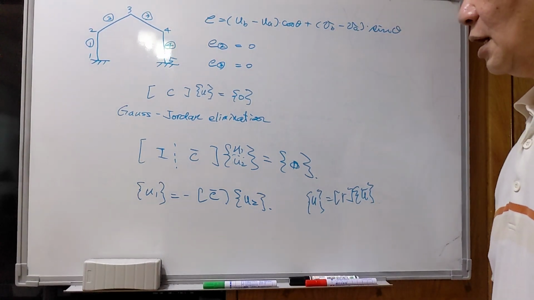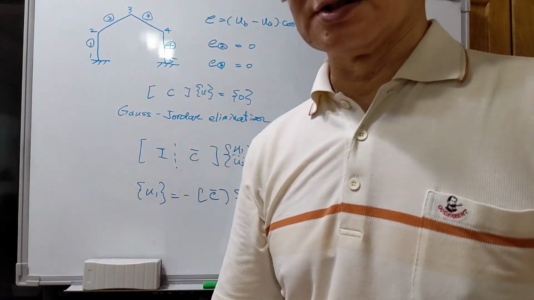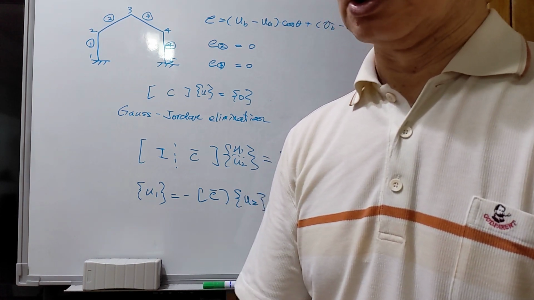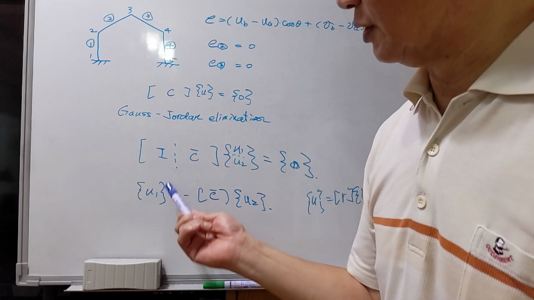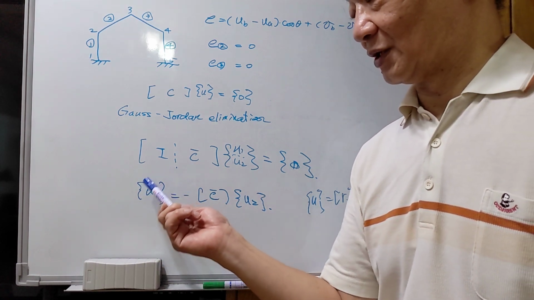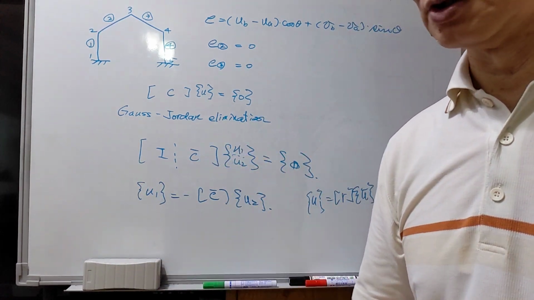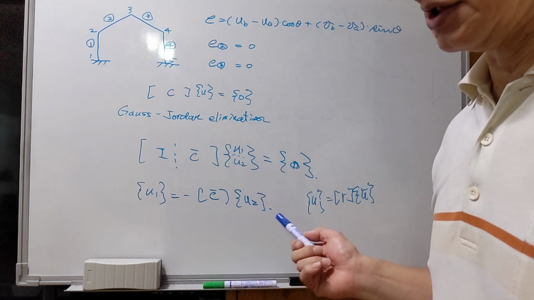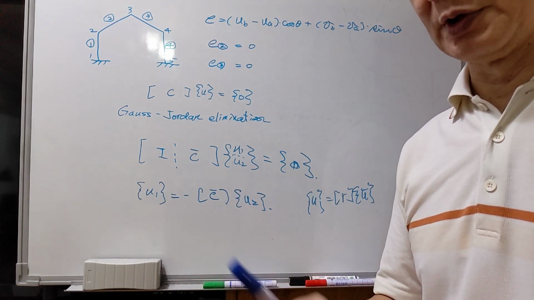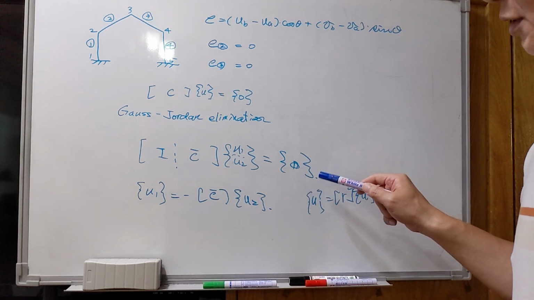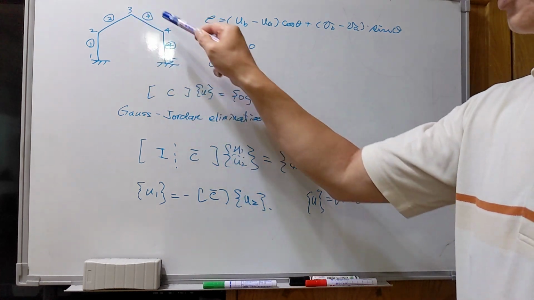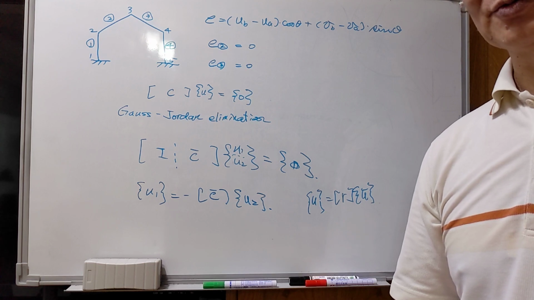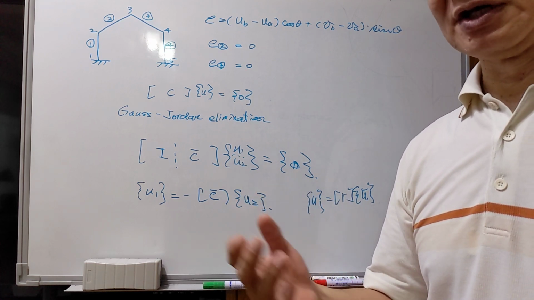Okay, in these example problems, since we got two constraint equations, the number of dependent variables will be equal to 2. And if we express the complete global displacement vector, usually if we got 5 nodal points, the global displacement vector will include 15 variables.